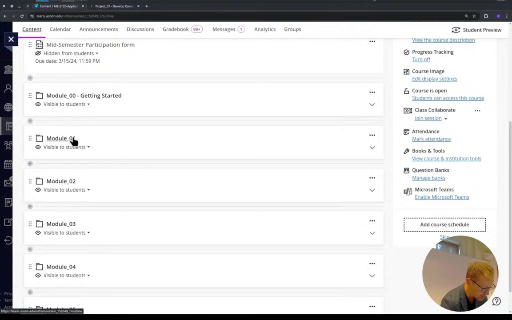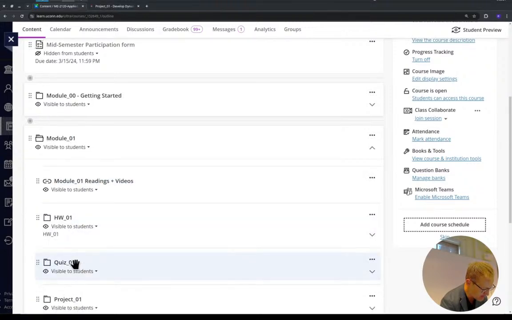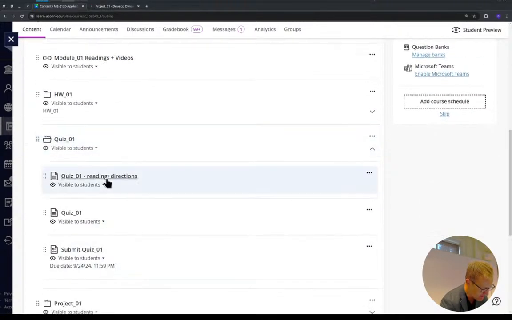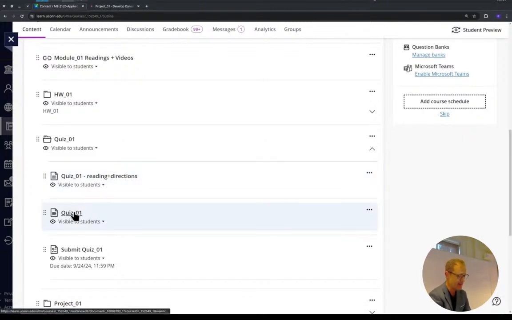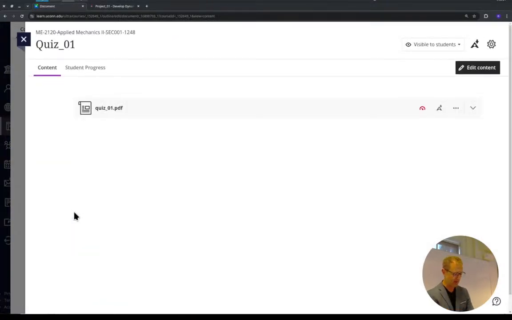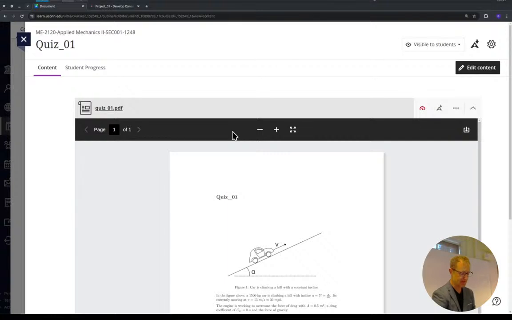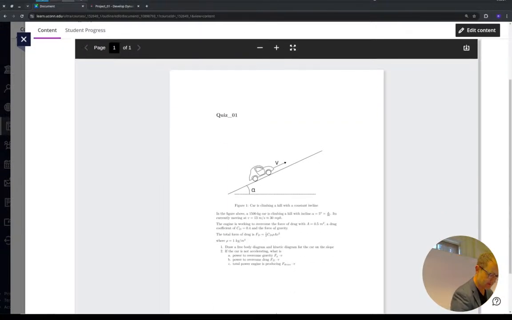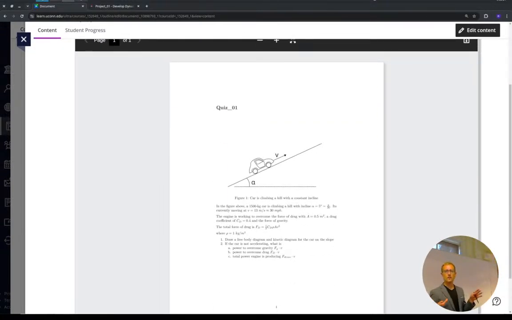Coming down to module 1, quiz 1, there are the readings, what we did, and now there's this new item that says quiz 1, which is a PDF. I tried to capture the things that we talked about and what we felt we were capable of demonstrating at this point in our dynamics learning journey.